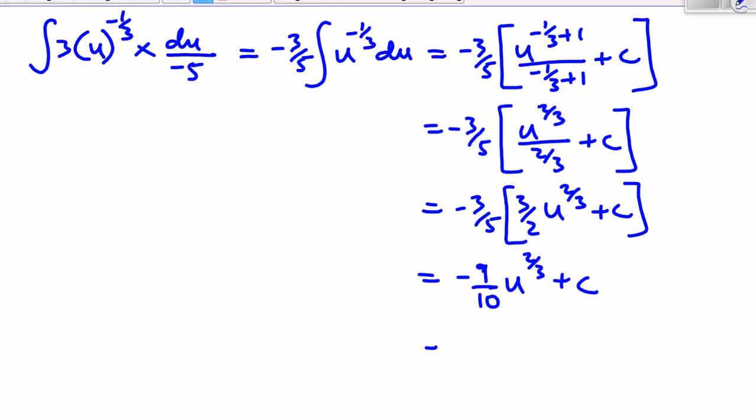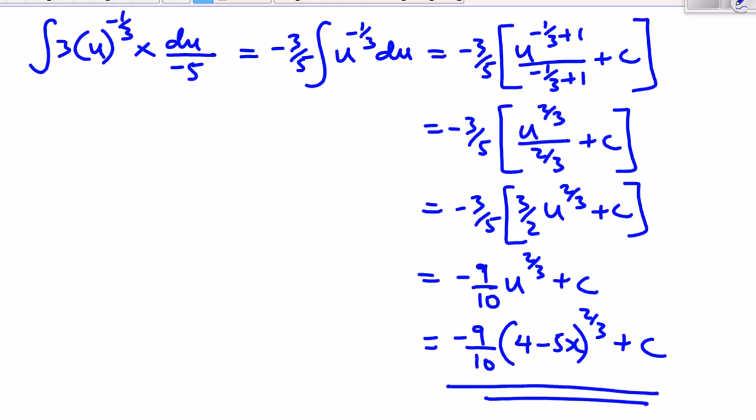And of course you have to replace what u is. So negative 9 over 10, whatever u was, (4 - 5x) to power 2 over 3 plus c.